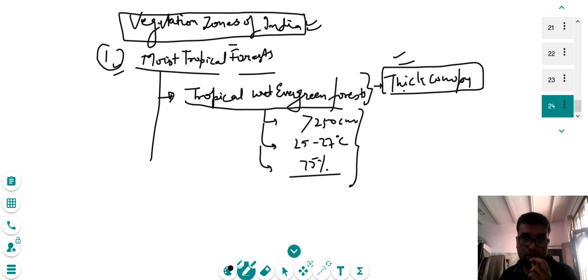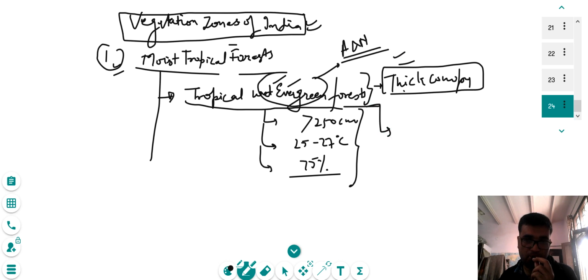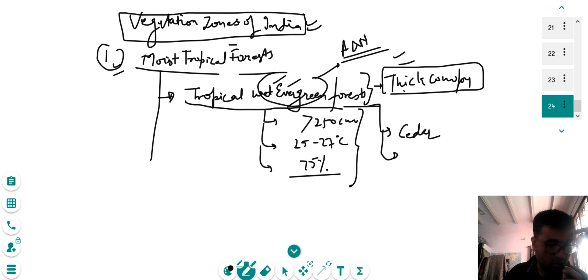and these trees are also found not only in the Malabar coast but Andaman and Nicobar Islands, right? And the main trees in this type of forest are cedar, jamun, cane, doop.